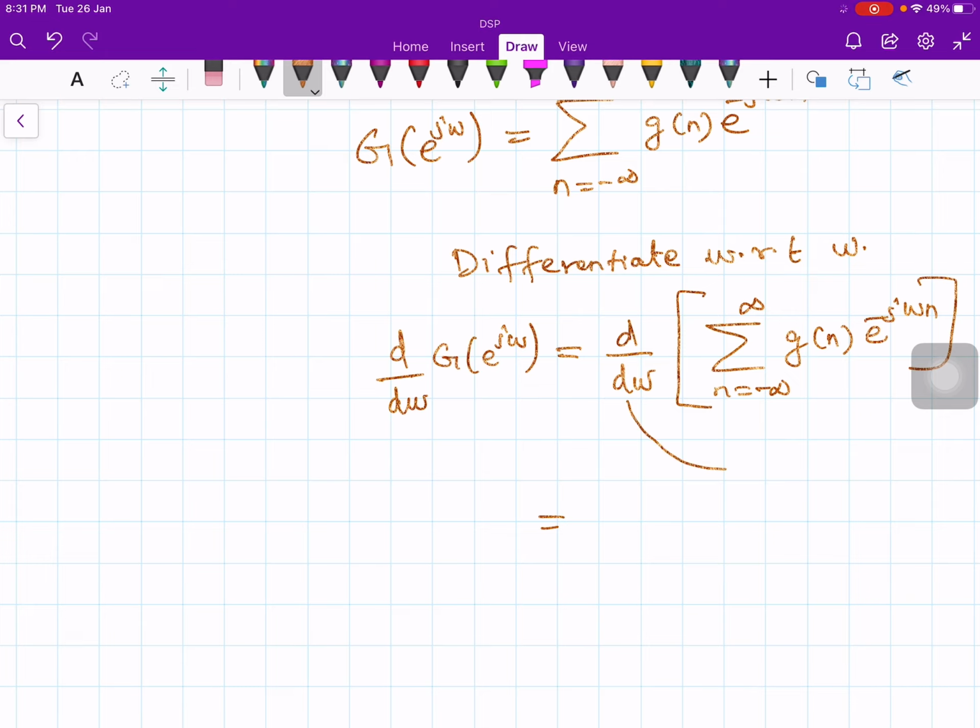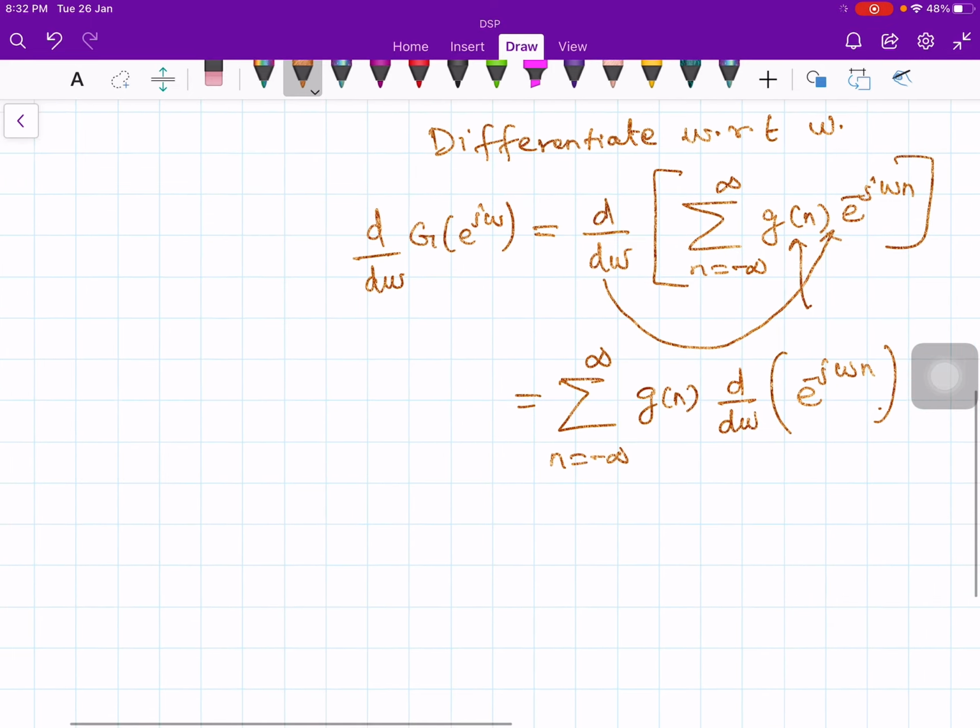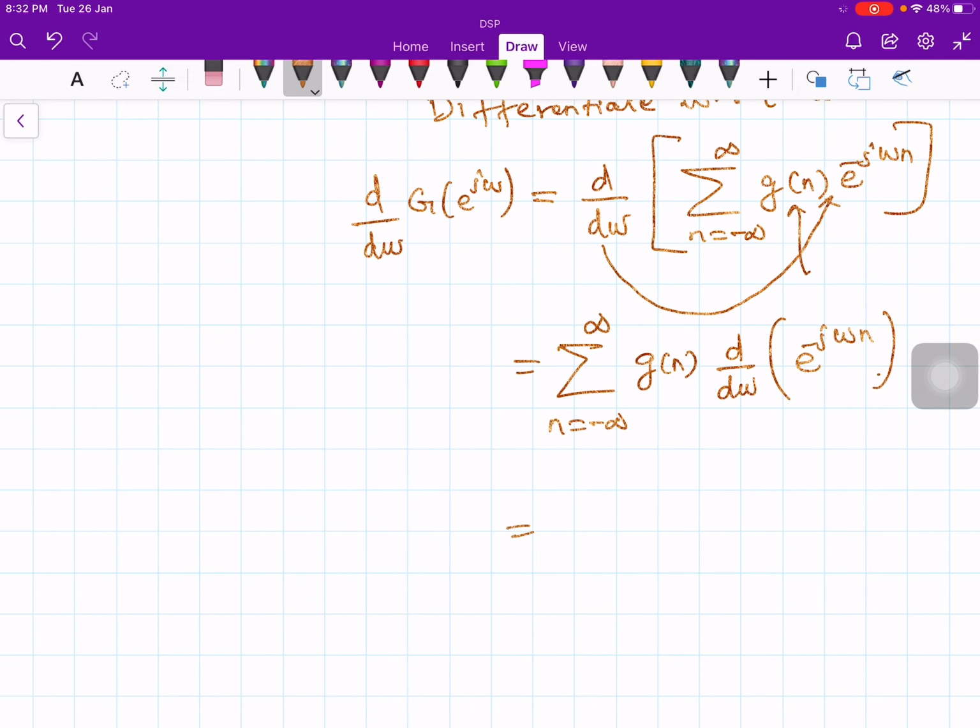You can bring this differentiation inside the summation because the summation is with respect to n. This g of n is constant as far as this differentiation is concerned. So it is the summation of g of n d by d omega of e to the minus j omega n, which is the summation of g of n times minus j n times e to the minus j omega n, with the limit from minus infinity to plus infinity.